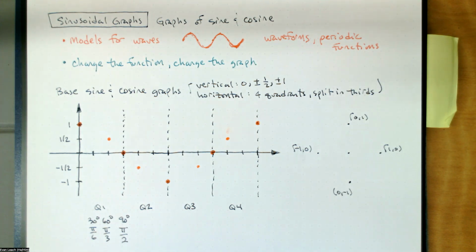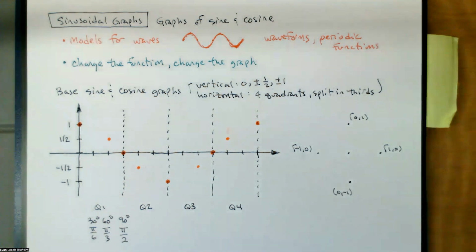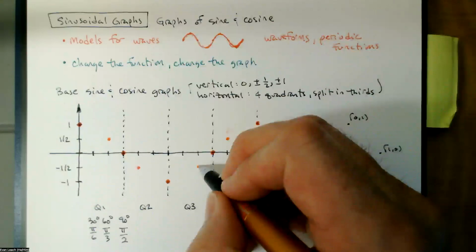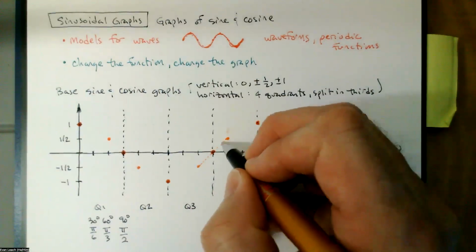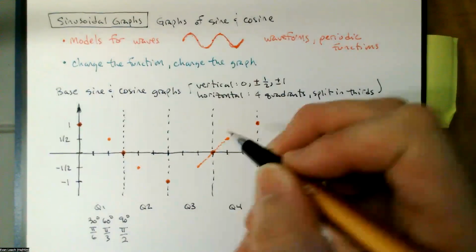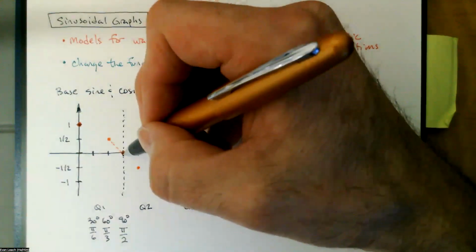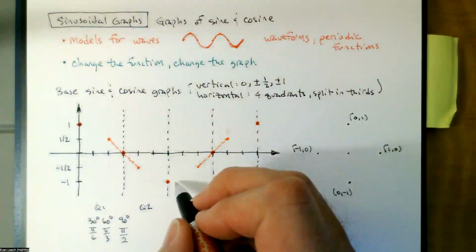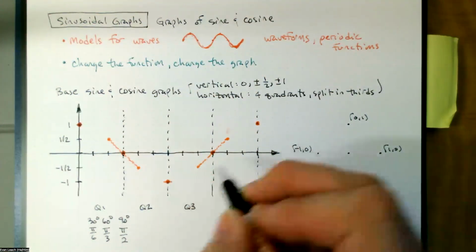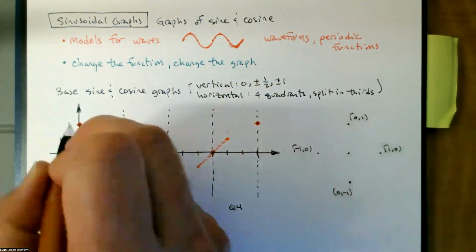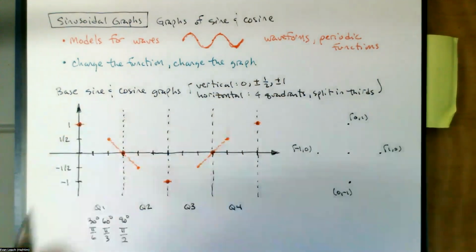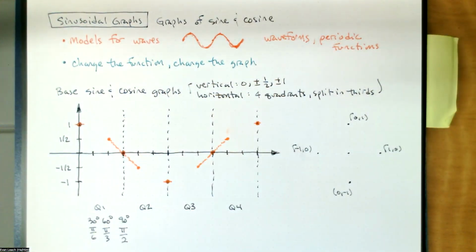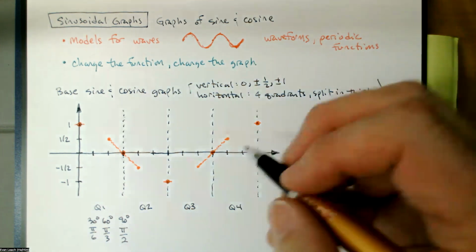Now to draw the rest of the graph, once we get these almost lines cutting through the middle, we make sure the graph goes flat at our endpoints. And then we just smoothly connect the lines to the flat endpoints.